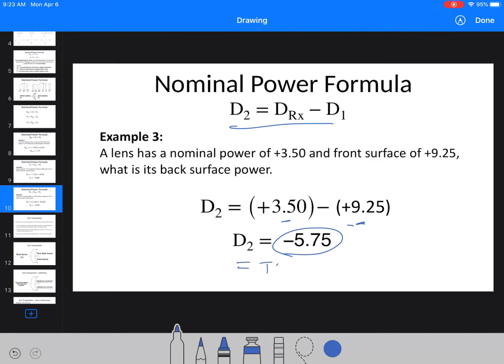For us, D2 is also going to be known as the toric base curve, which is the flattest curve on the back side of the lens.